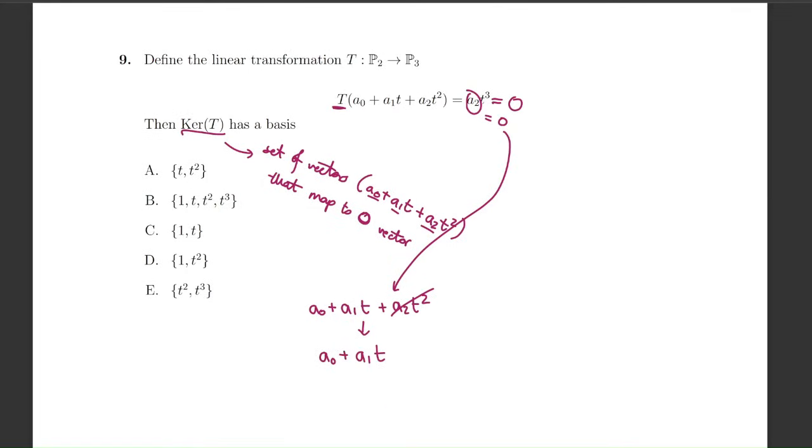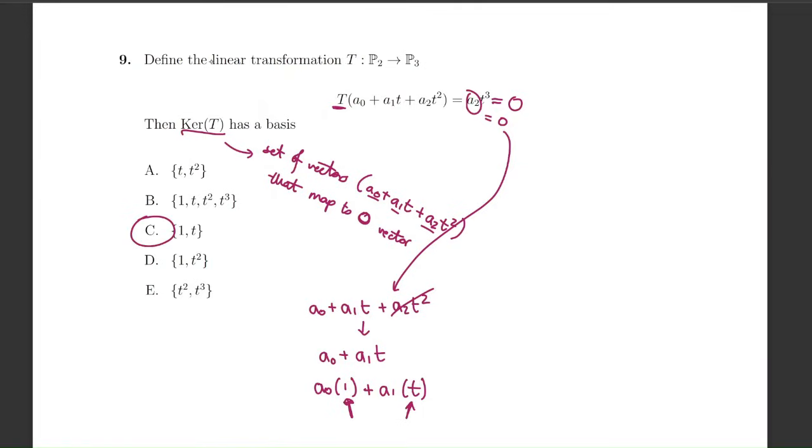Our basis for the null space of this transformation is going to correspond to the spanning vectors. So this corresponds again to the free variables. In this case, notice our free variables are going to be a0 times 1 plus a1 times t. So 1 and t are these spanning vectors that will span the solution set for this transformation to 0. So because of that, we consider the answer is C.